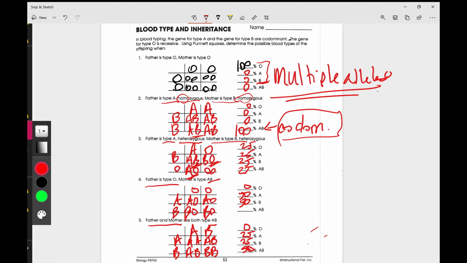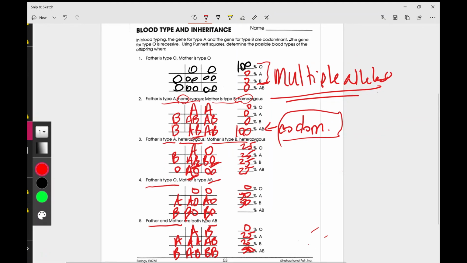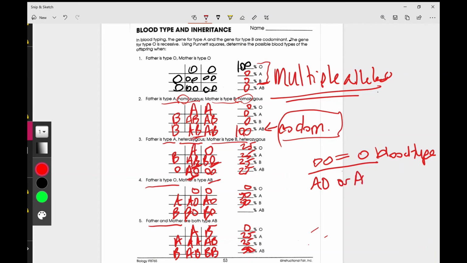Okay, so remember if I have O blood, that's what my alleles look like. This is equal to O blood type. That is the only way you can have O blood. If I have AO or AA, that's how I have A blood type.